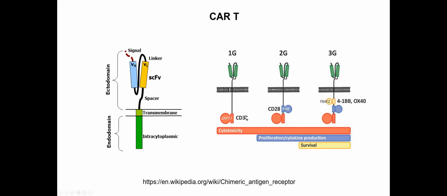So by adding more and more functions, this scFv, single chain Fv, acts as a kind of receptor, and then binds to the cancer cells, and it can activate the different pathways together. Then those cells can be stronger and stronger, and also more proliferating, better surviving. So this is the advancing further and further of the different generations of CAR-Ts.